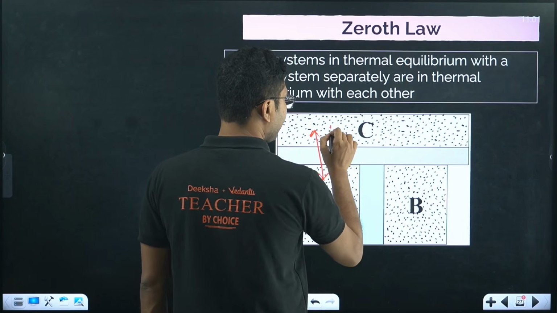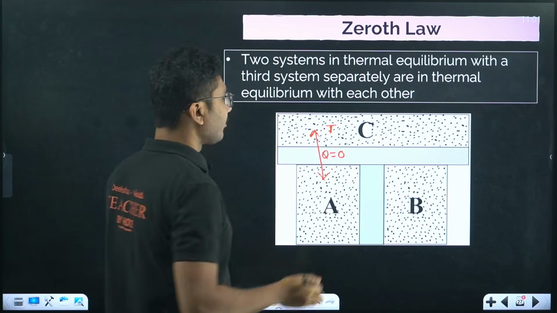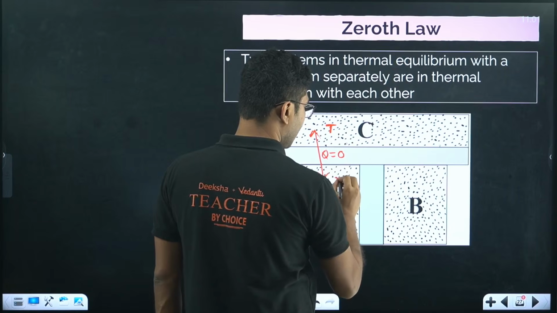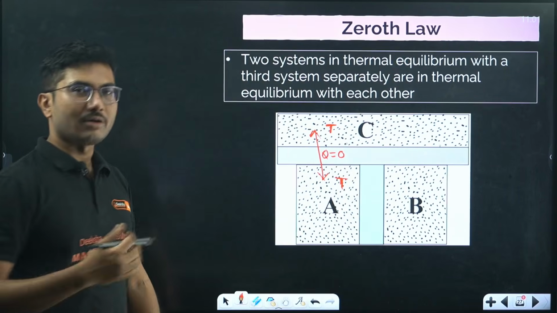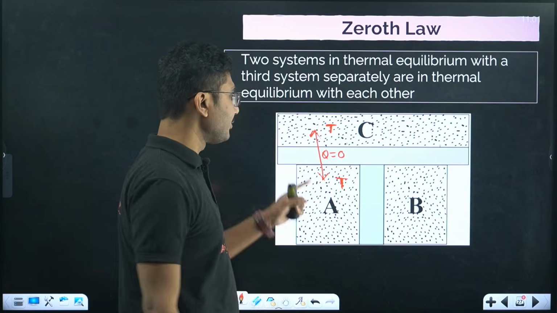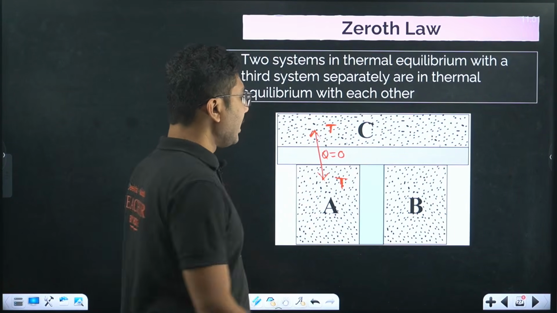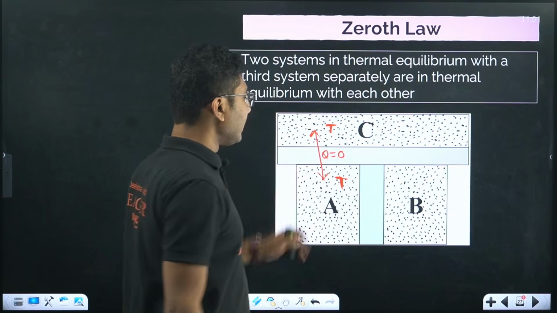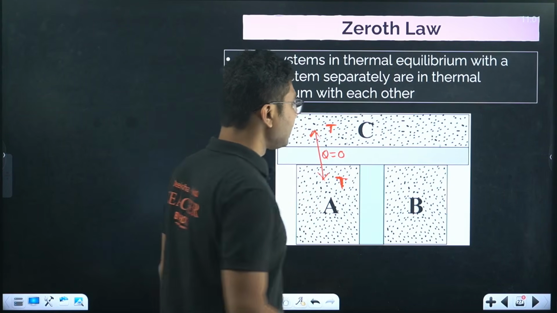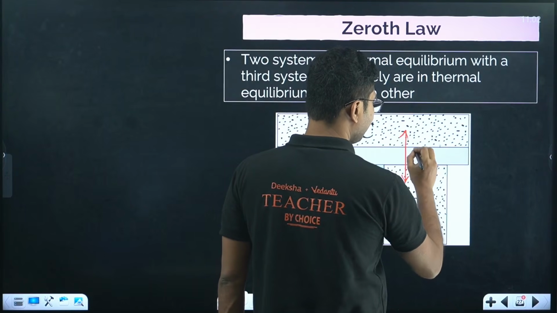From the zeroth law we get the concept of temperature. The temperature of this object is the same as the temperature of this object, because heat exchange happens only if there is a temperature difference. If there is no heat exchange, these two objects are at the same temperature. So there is no heat exchange between A and C. Similarly, there is no heat exchange between C and B as well.